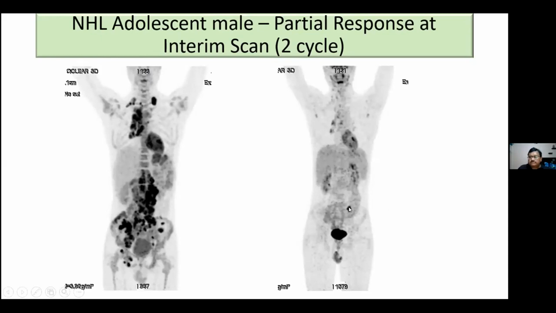I would say this is a score 5, and we are seeing some nodes in the mediastinum and the axilla. So this is partial response. Now this is response to therapy, but not CMR at interim. So probably the clinician will continue the same chemotherapy to see a response at end of treatment, but at interim this is not a complete response.